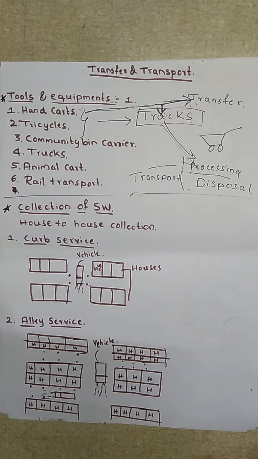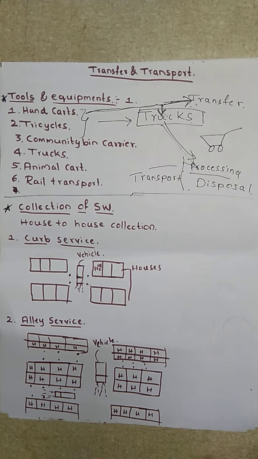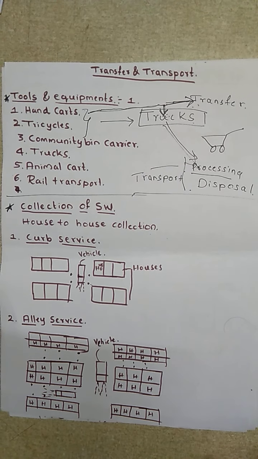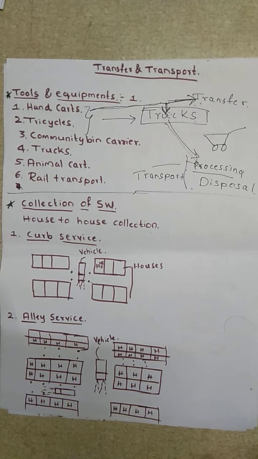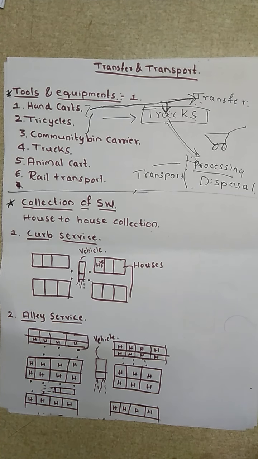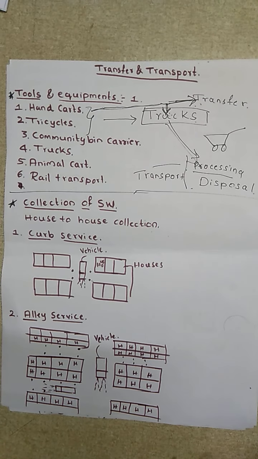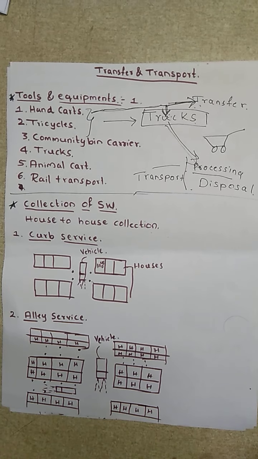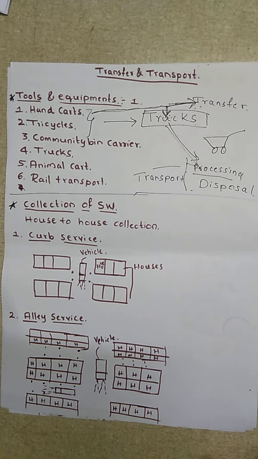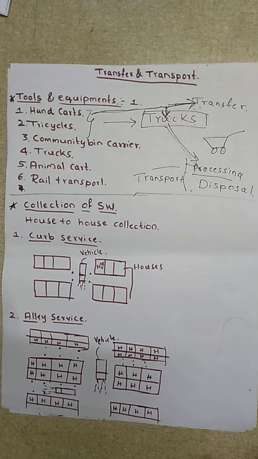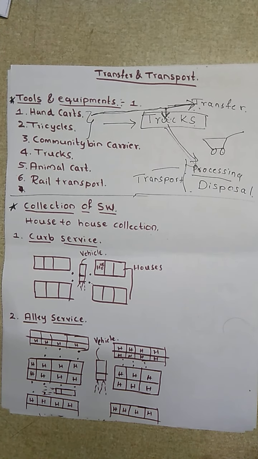Next are the tricycles. The tricycle will have 6 to 8 containers, or depending upon the capacity, different containers. Tricycles have 3 wheels, and might have a capacity of around 40 liters. These tricycles are run by a person.